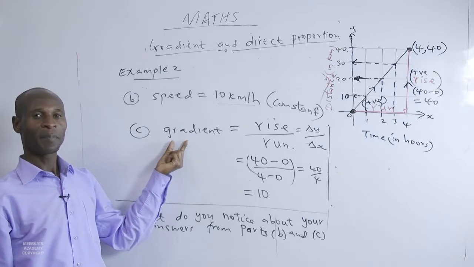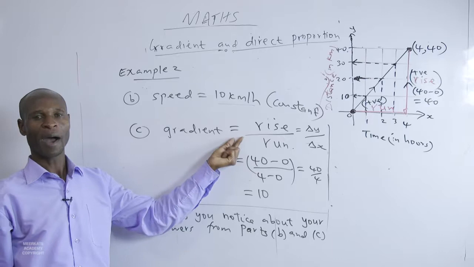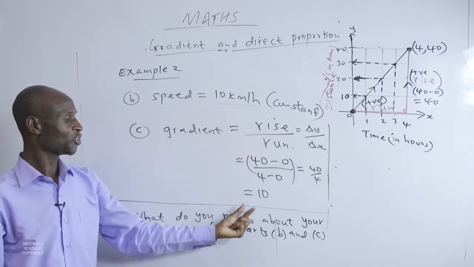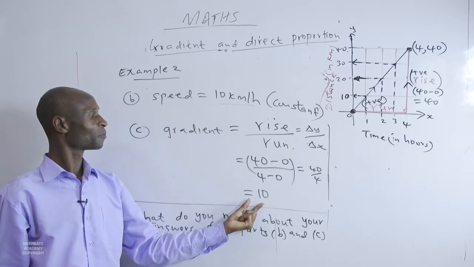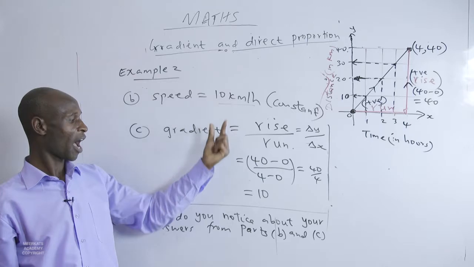Similarly, in part C, the gradient, which is given by rise over run, is 10. So that means the two values are equal.